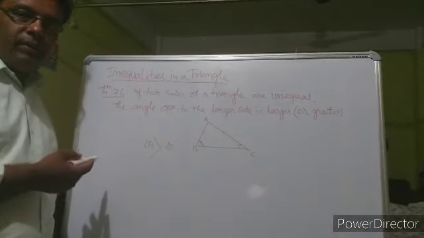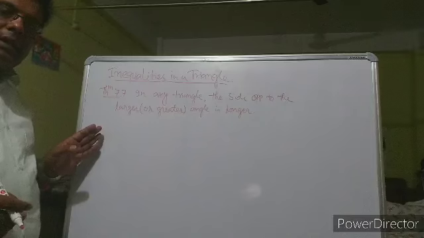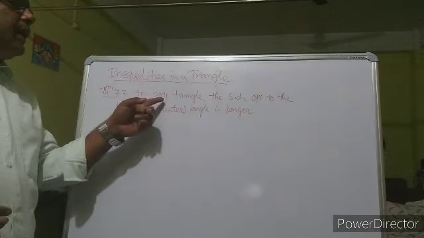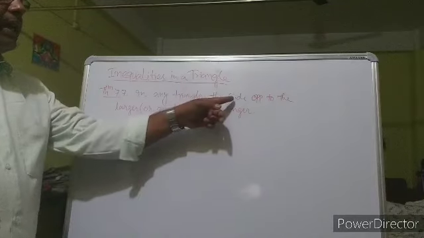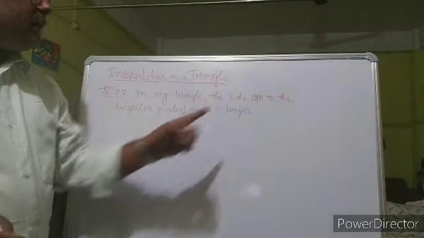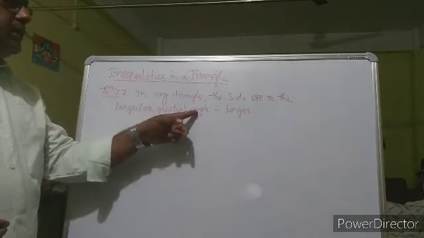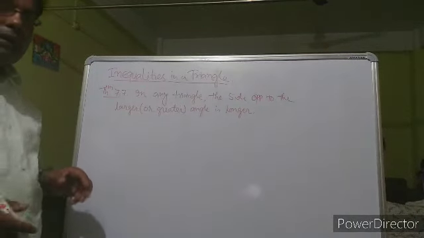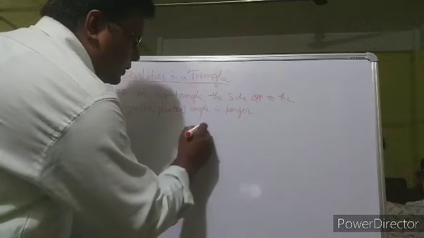Now we write 7.7. In any triangle, the side opposite to the larger angle, or you may call it the greater angle, is longer. That is the same.